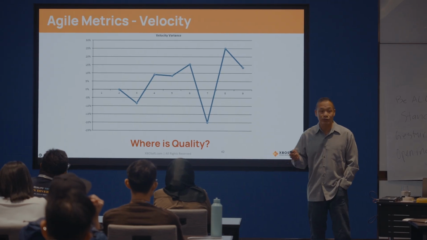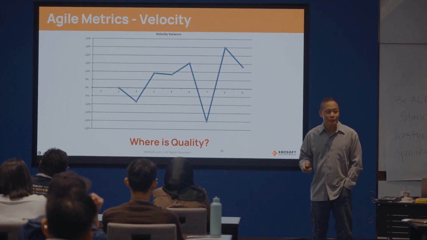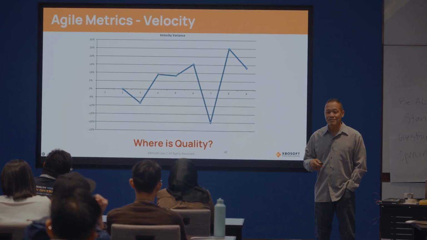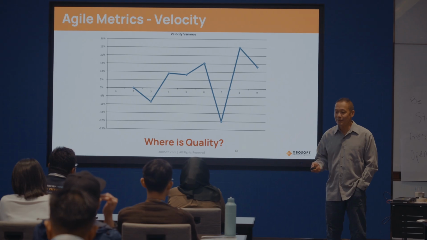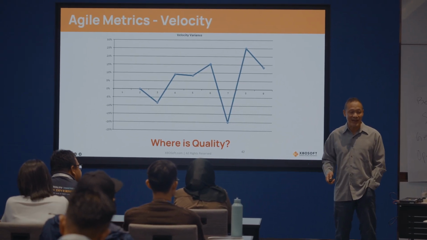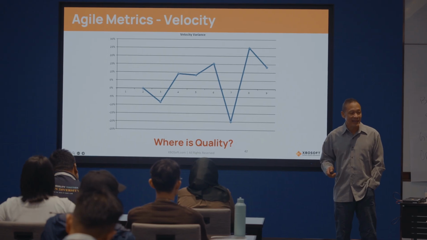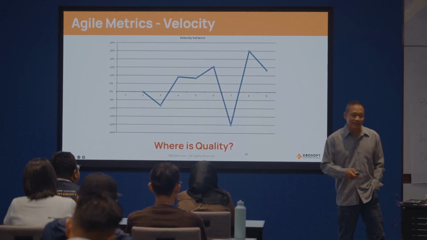It's really a planning tool for workload. So velocity is a planning tool for workload, not speed. Okay, that's an important thing to remember, because a lot of people, the word velocity automatically means, oh, I want to be fast. But it's really a planning tool for the amount of work that you're supposed to do, right?